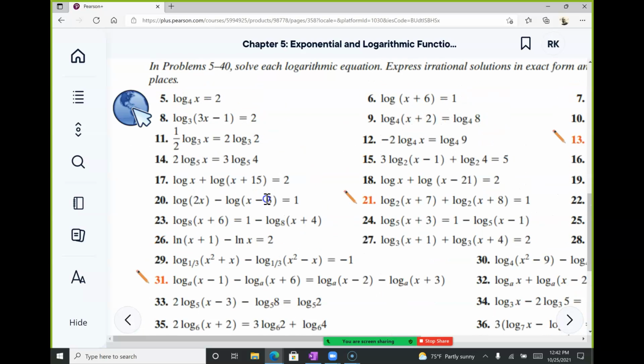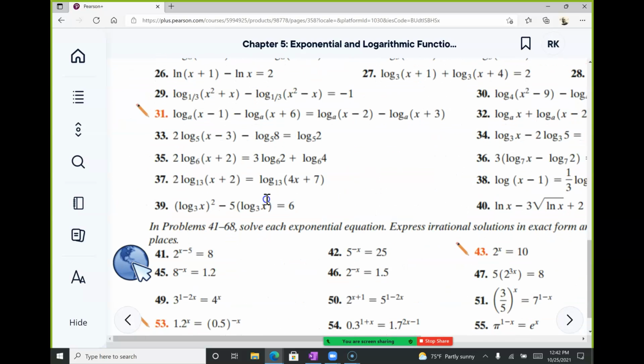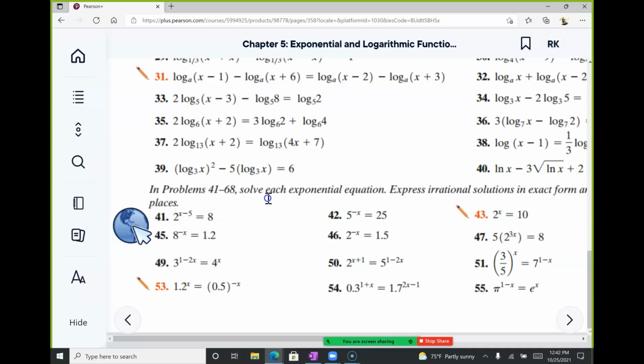Questions 5 to 40 are log equations. I'm going to give you one of those. And questions 41 to 55 are exponential equations. I'm going to give you one of those. Let's do number 50 here.